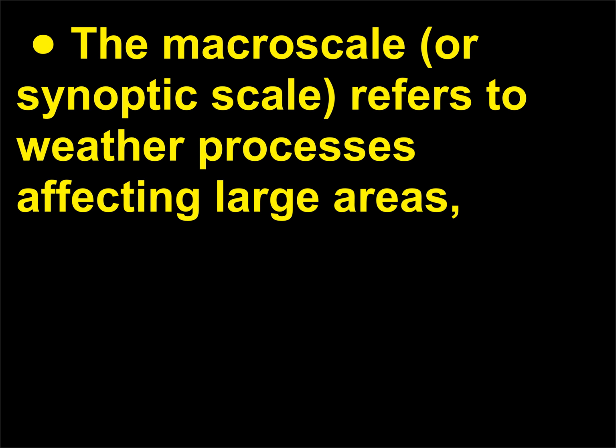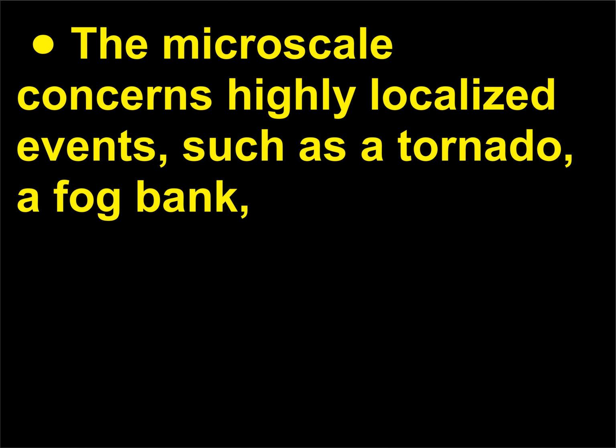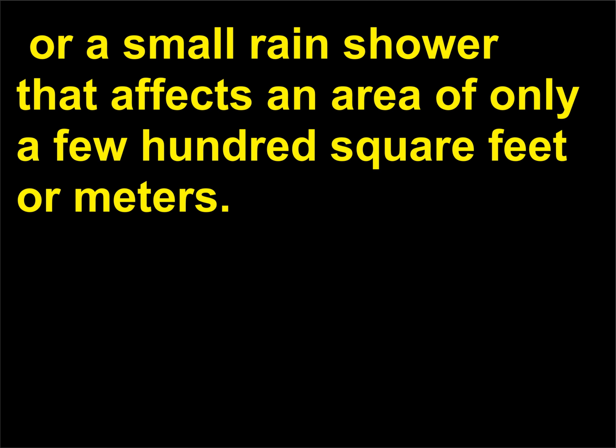The macro scale, or synoptic scale, refers to weather processes affecting large areas, such as pressure systems, fronts, and the jet stream. The microscale concerns highly localized events, such as a tornado, a fog bank, or a small rain shower that affects an area of only a few hundred square feet or meters.